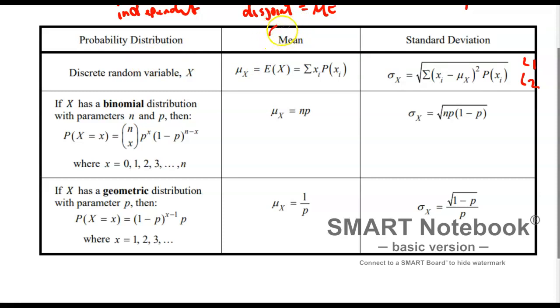So this right here is your center. This right here would be your spread. And these bad boys all along here would be your shape.